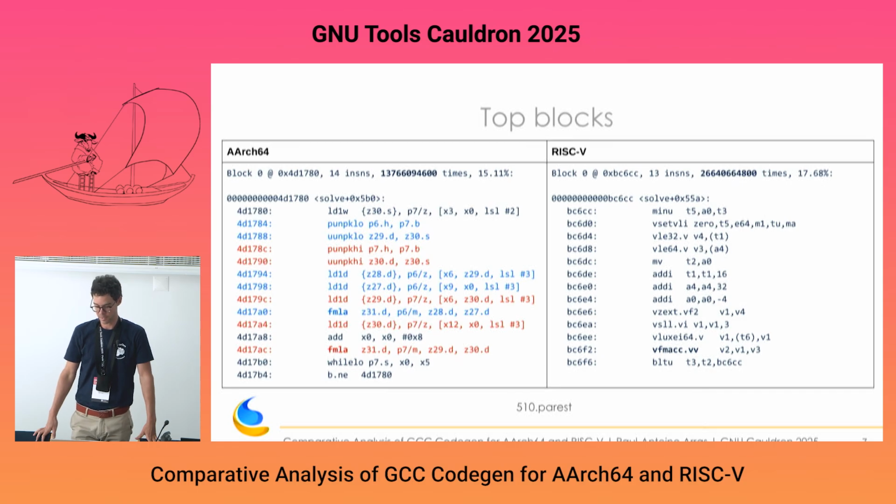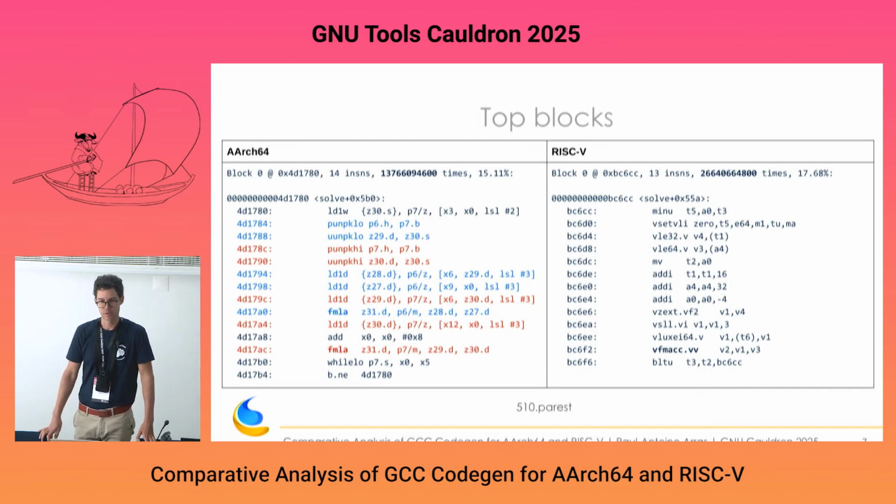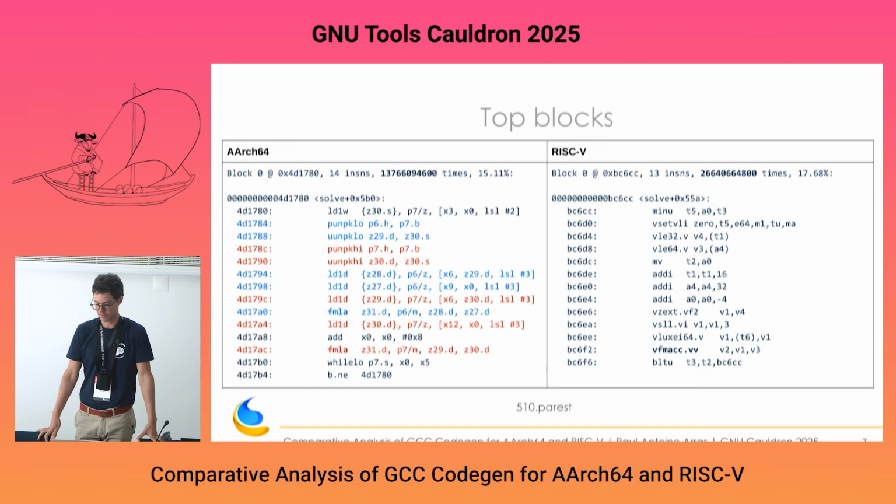You get the number of times this is run for each of those, and the percentage figure is over the whole run. So for AArch64, for instance, this chunk of the solve function takes about 15% of the whole run in terms of instruction count, and for RISC-V it's a bit more, 17%.